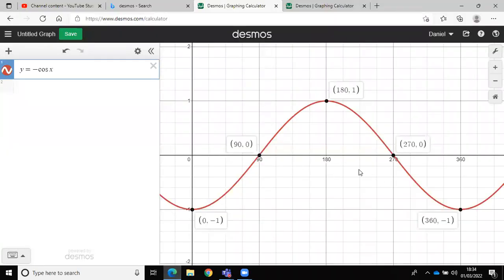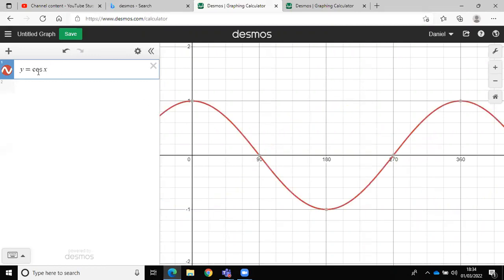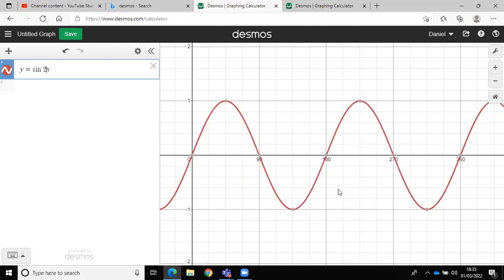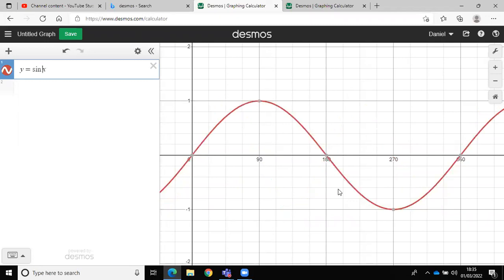Standard wave. No, that's not a standard wave, that's upside down. Let's start with sine. Standard sine wave, start at 0, finish at 360, one full wave. If I put 2 in there, see what it does? It just doubles that.